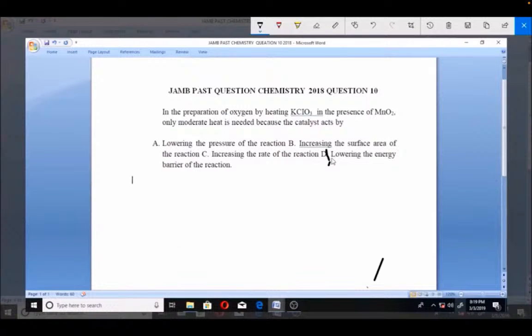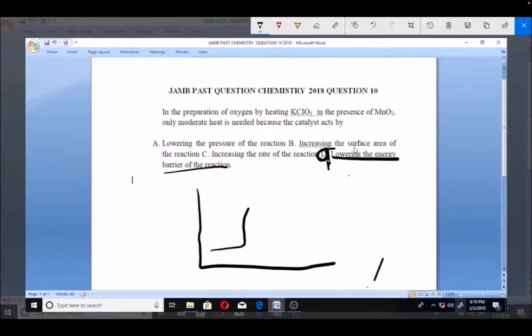Because what actually happens whenever there is a catalyst added to a specific reaction is that the energy barrier is lower. So you have a normal reaction that would have gone like this. So you now have it to go like this.